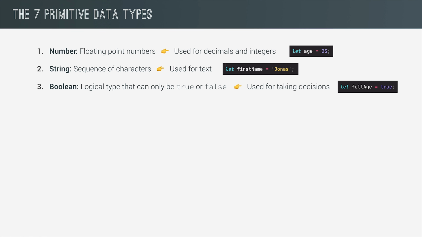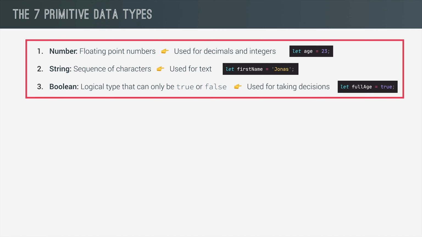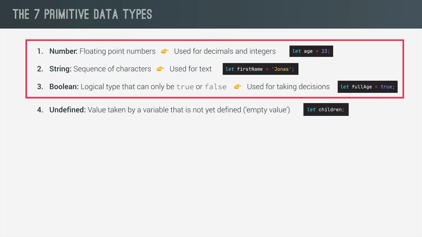And these are the 3 most important data types that we will deal with the most, but there are still 4 more which might be a bit more confusing. So first, undefined is the value taken by a variable that is not yet defined. And a variable that's not yet defined is simply a variable that we declared but without assigning a value, for example like this children variable here.